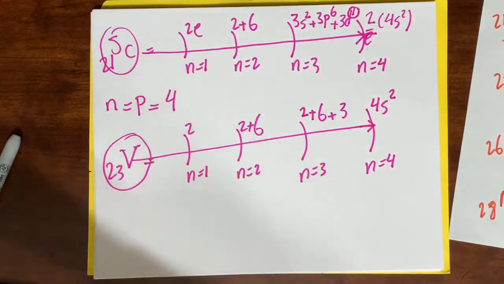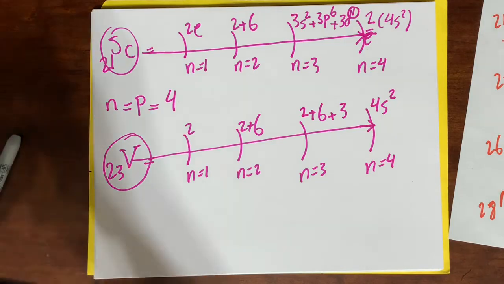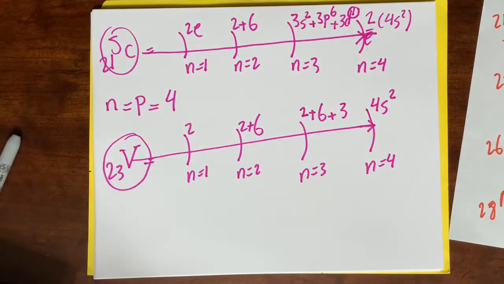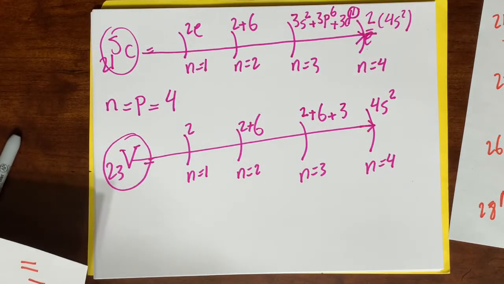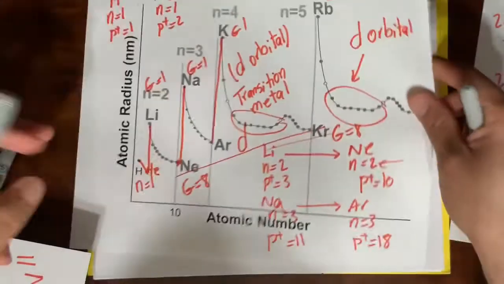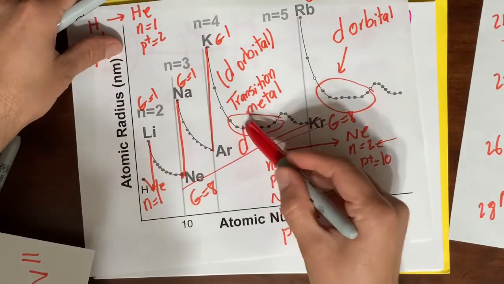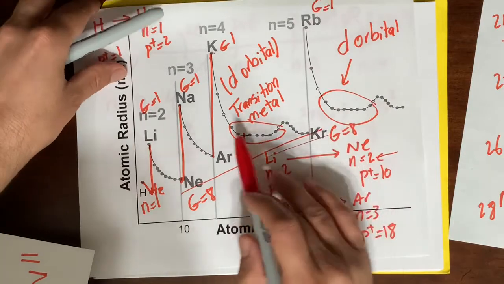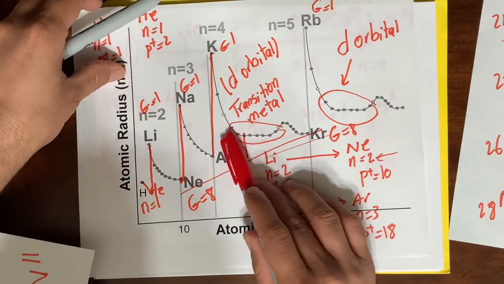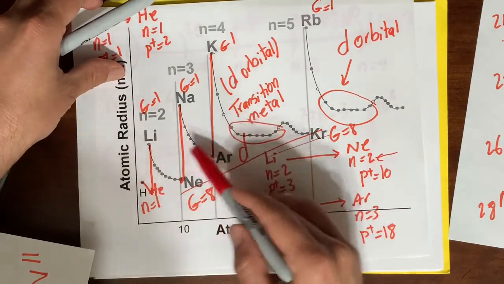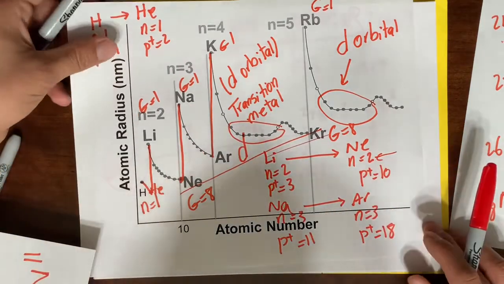I said we need to talk about it. Let me find the graph. Okay, here. The change is not dramatic, it's almost flat. Yes, it's going down, but it's not steep or sharp.